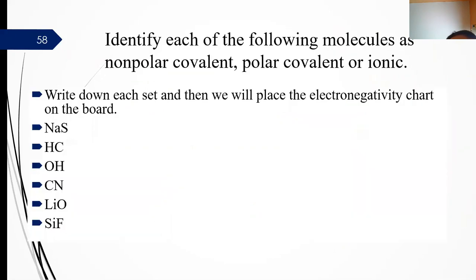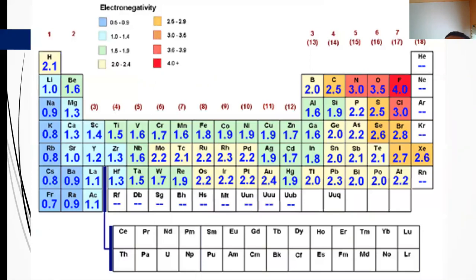I'm going to let you practice those. You want to practice identifying these partnerships and using this chart over here to identify whether they're going to be polar covalent, non-polar covalent, or ionic. Remember, the larger that electronegativity difference, the more polar it is.